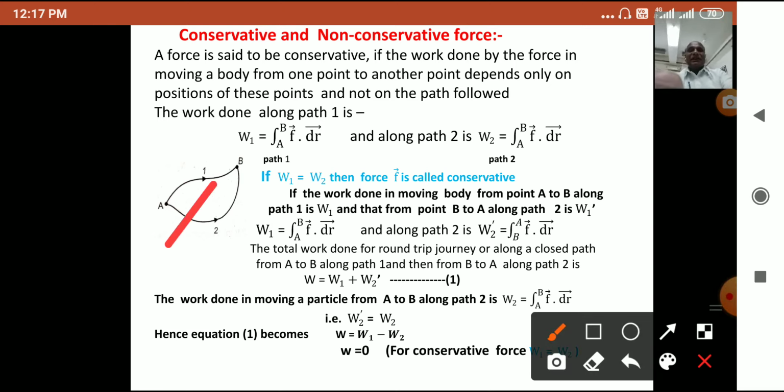So this is the case: here we have taken two positions, say A and B. The particle moves from position A to B and there are two paths, path first and path second.